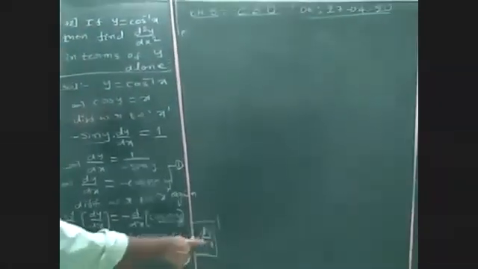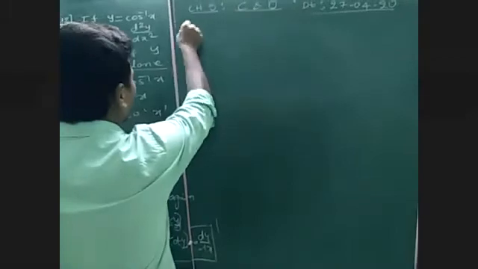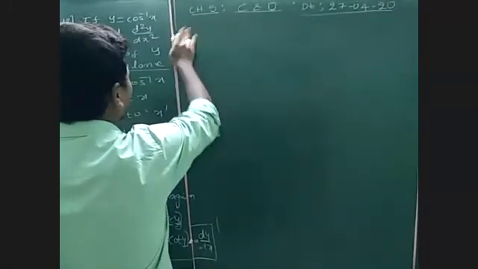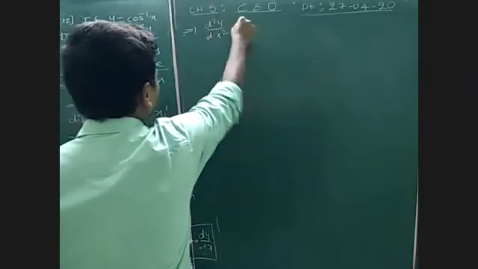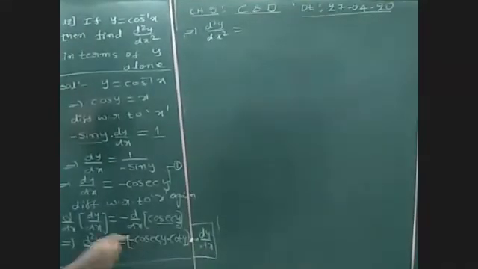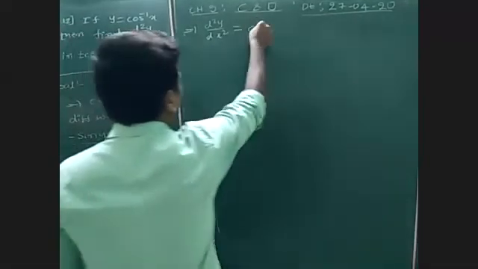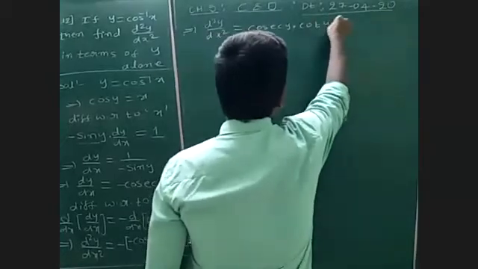Now replace the dy by dx value. This dy by dx, minus cosecant y, replace. So finally, it implies d square y by dx square is equal to, look here, minus times minus is plus, cosecant y into cos y into, look here, what is dy by dx?